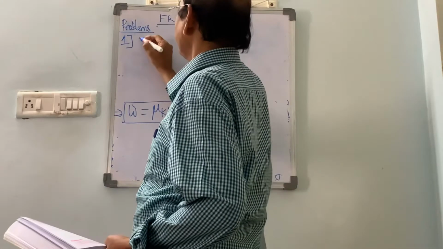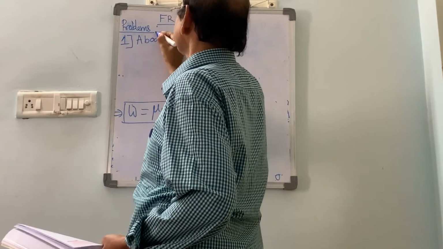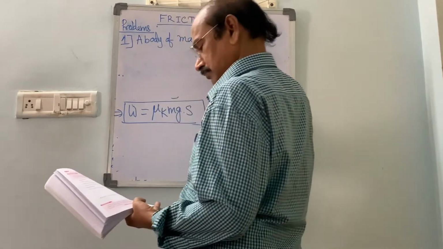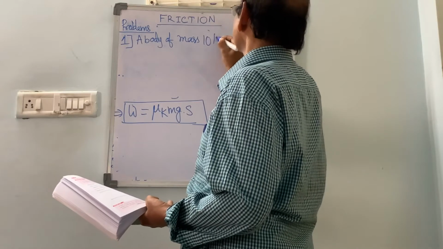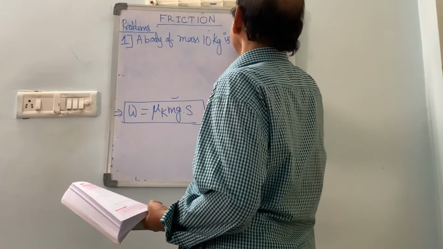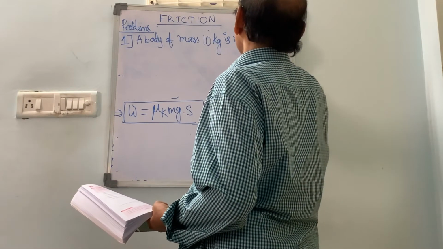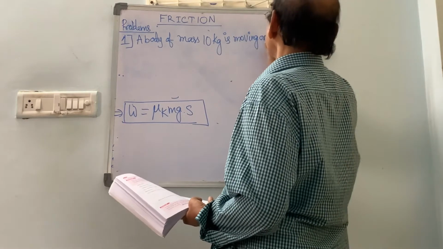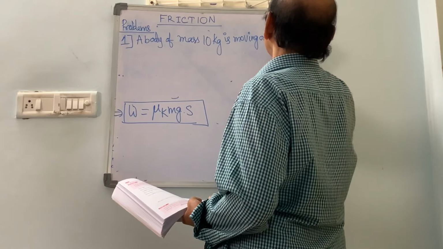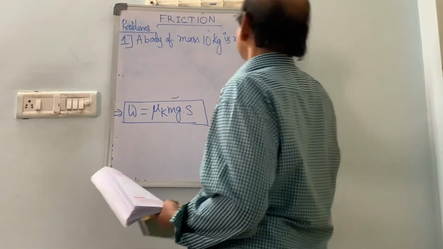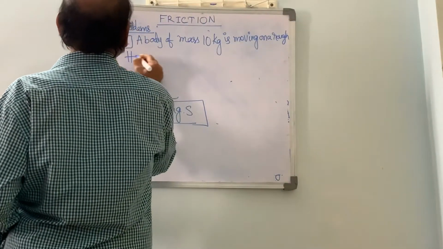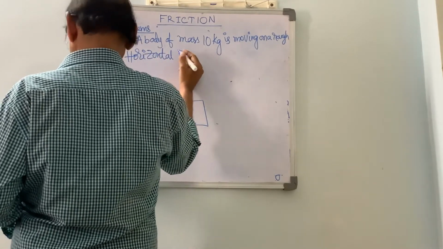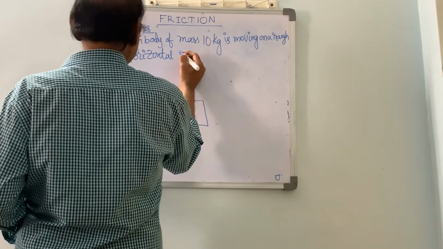Consider a body of mass 10 kg moving on a rough horizontal surface.